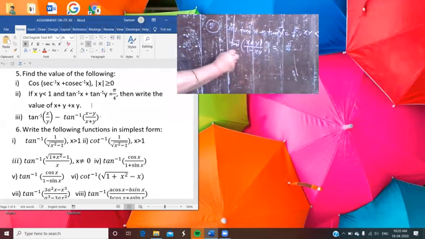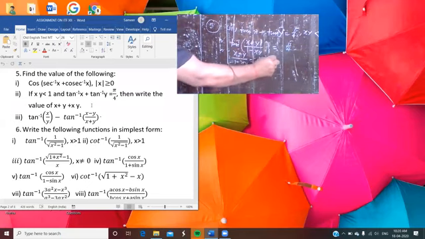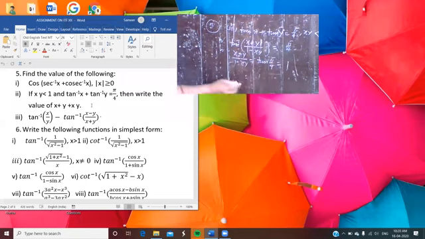So x plus y upon 1 minus xy is equal to tan pi by 4, whose value is 1. Now cross multiplying, you have x plus y is equal to 1 minus xy, or x plus y plus xy is equal to 1. That is what is required. So in this way, the value of x plus y plus xy is equal to 1.